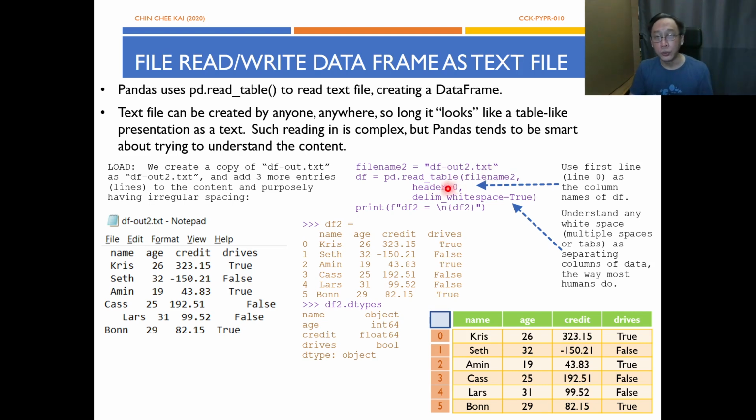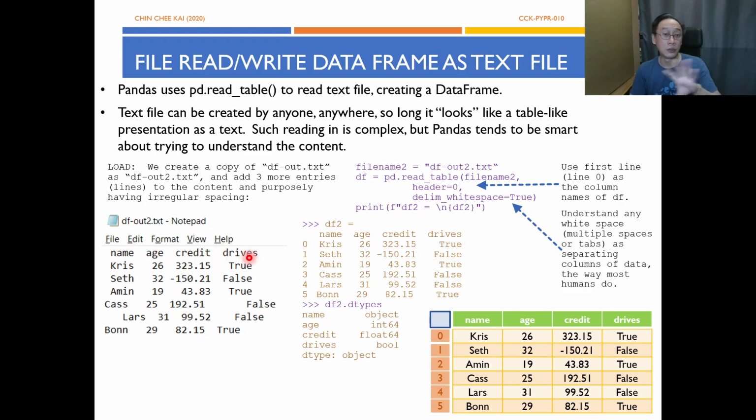And here are 2 additional named parameters that I want to always fill in just so that the default values are clear. If our file has a header like name, age, credit, drives, right?